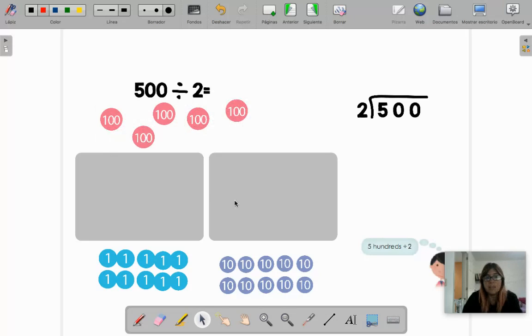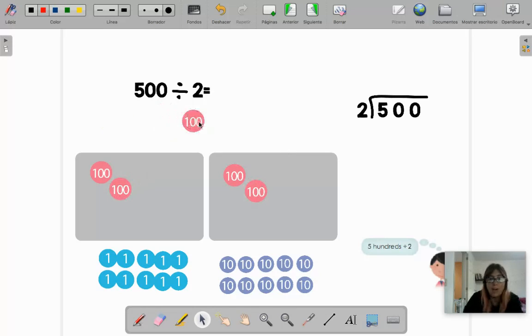Let's divide them into two groups. 100, 100. Each of your friends get 100. Then other 200, other 200. And now I have one left. Can I put it inside any of the groups? No, right? Because the groups have to be the same. But still we have to divide it. And that is what we did yesterday.